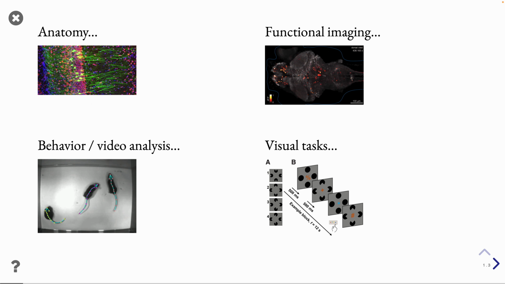You can have videos where you are tracking the behavior of a subject or an animal, and that's also imaging data that you need to somehow analyze. But you also have to deal with images if, for example, you are working with any kind of visual task, and you have to generate such images.